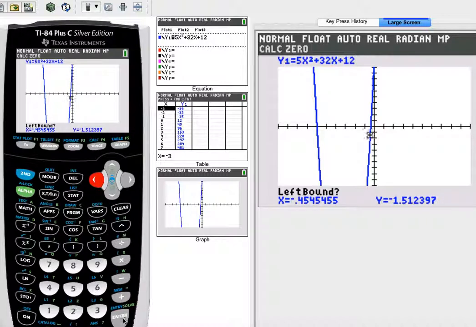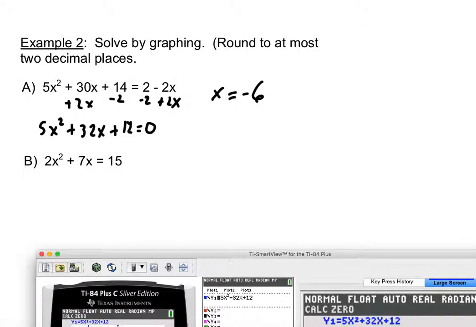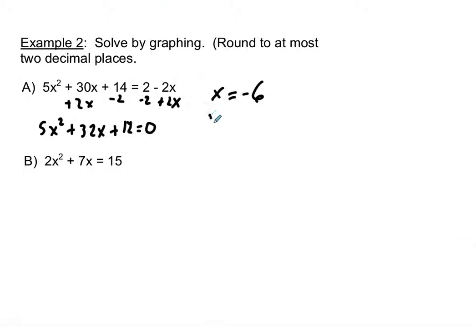So now that's the left side of the point that I want. I'm going to hit enter. This is the right side of the point that I want. I'm going to hit enter, and enter one more time. And it's going to put it right there, and it's saying it's a negative 0.4. So that is my other value.